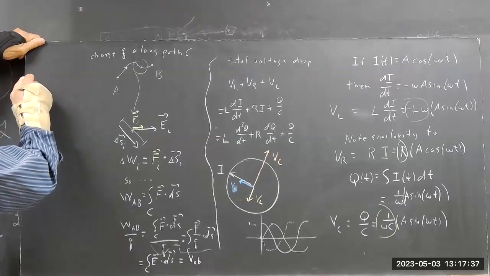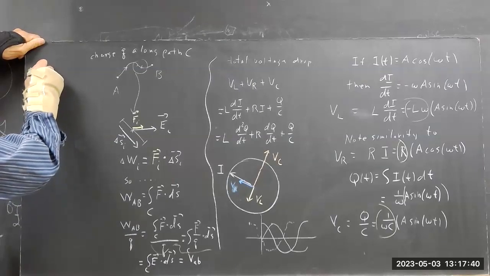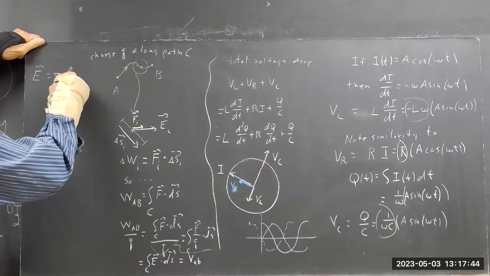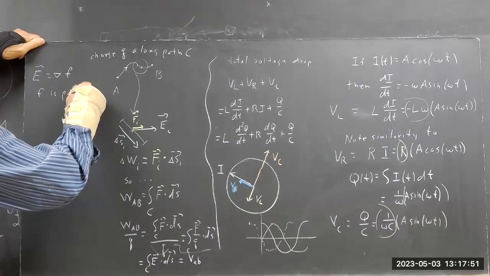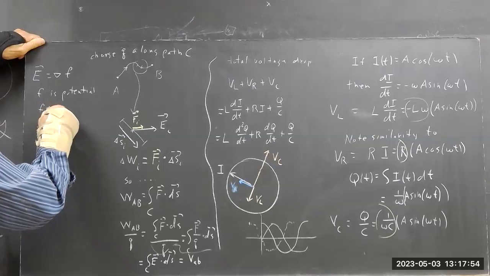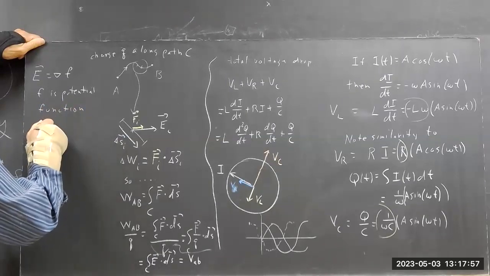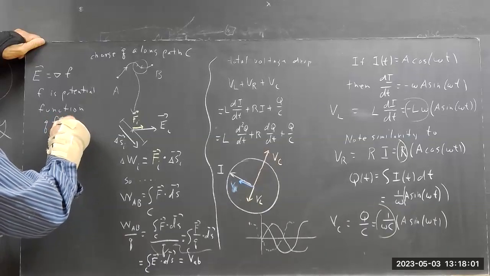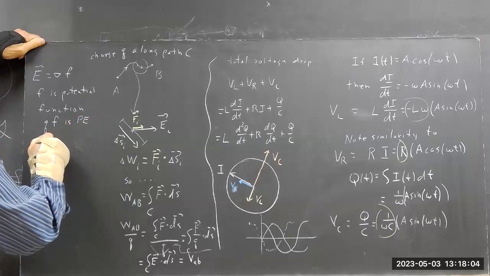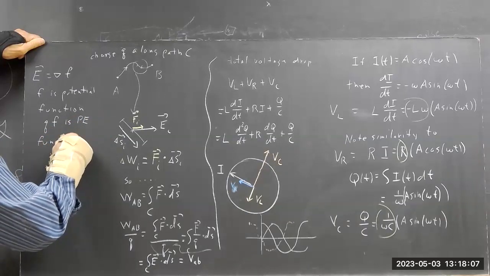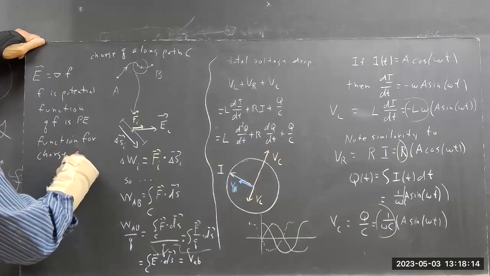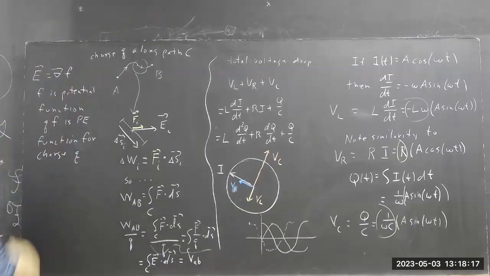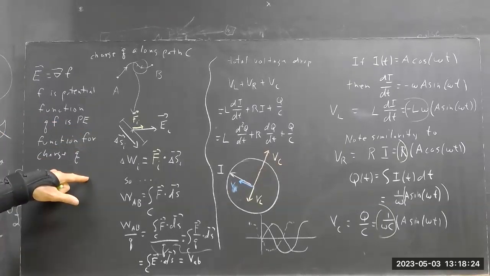The potential function, Q times it, is a potential energy function for a given charge Q.